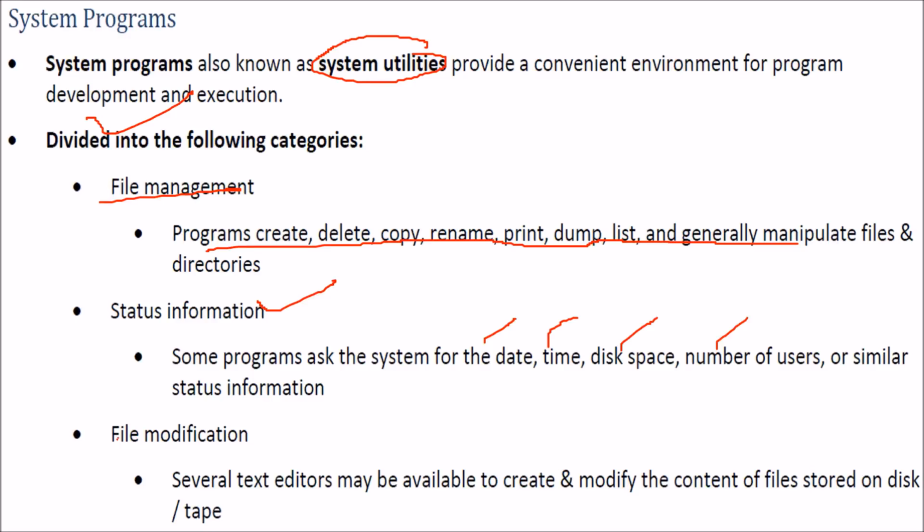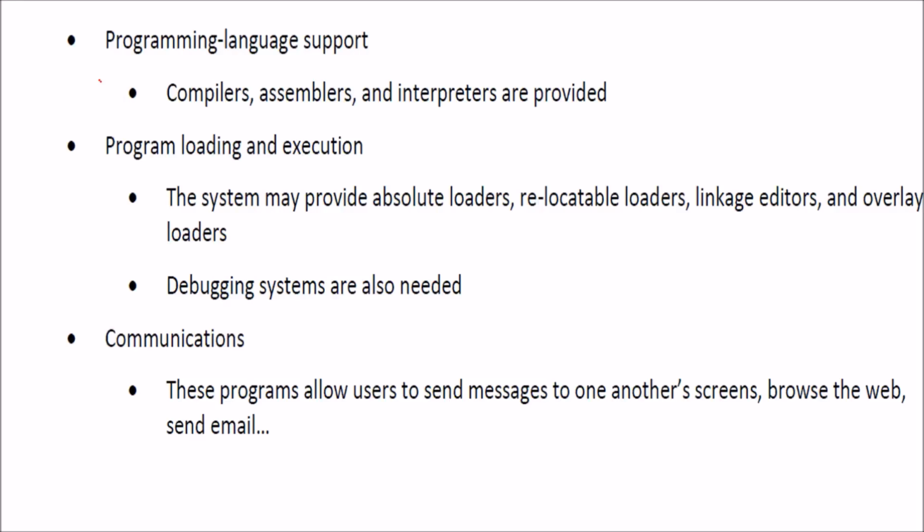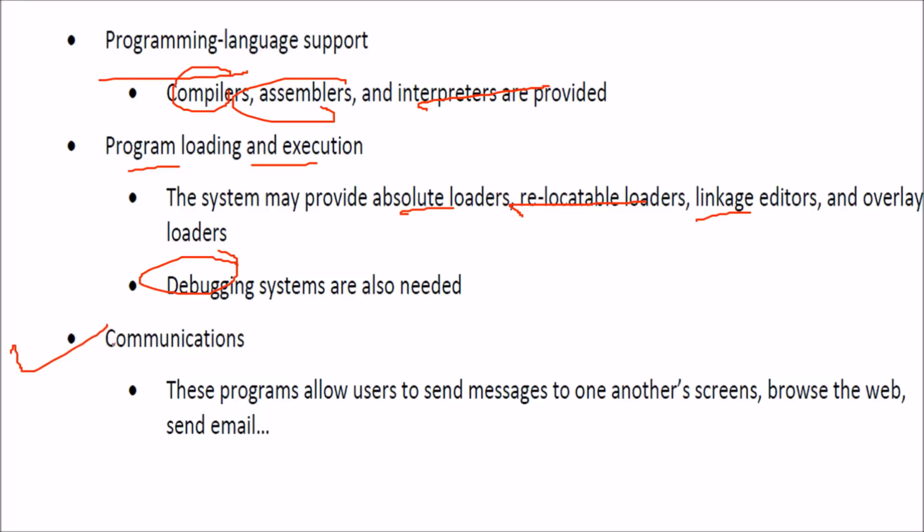Then file modification: various text editors may be available to create and modify the content of files stored on disk or tape. Then programming language support like compilers, assemblers, interpreters, and for loading and execution, loaders, relocatable loaders, linkage editors, overlay editors, and also the debugging system. Then for communication, as we just saw, programs that allow users to send messages to another screen, browse the web, and send email.